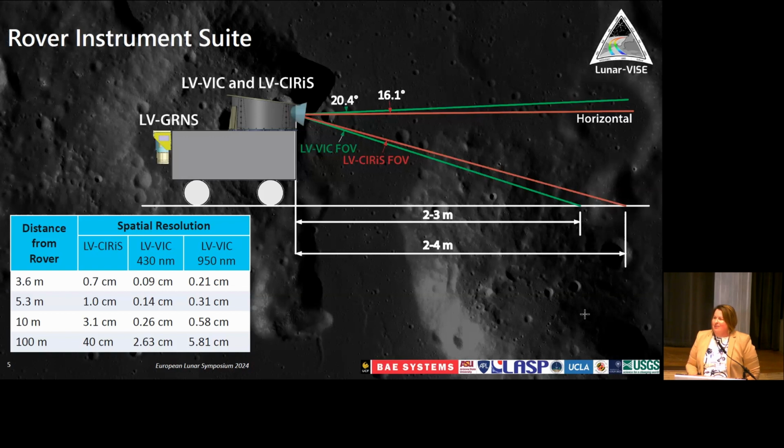These are just stand-ins for the actual rovers, and you'll see my very simple lander later. If we assume that LV-VIMS is mounted at the top of a 1-meter rover, we should have sub-centimeter spatial resolutions with both of our multispectral cameras at distances of about 3 meters in front of the rover.